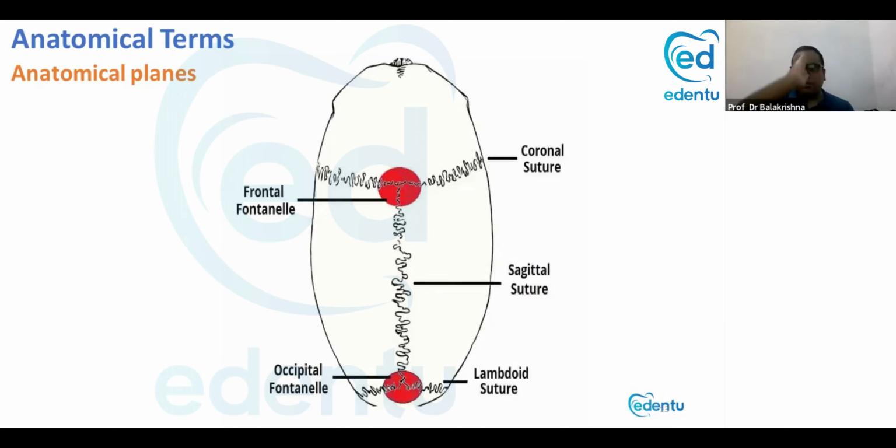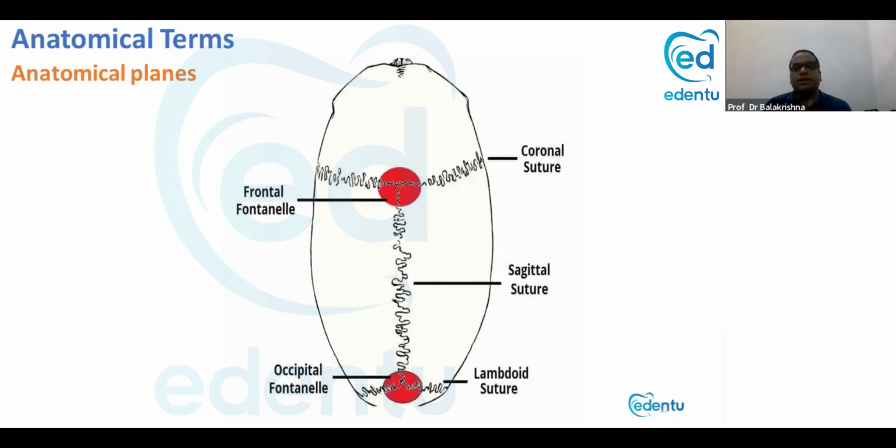And if you put it on the sagittal suture line, that is your sagittal plane. Wherever the sagittal sutures are, the plane divides the body into left and right halves.